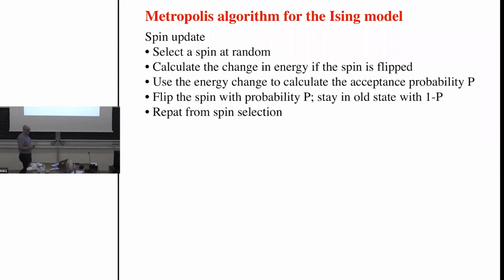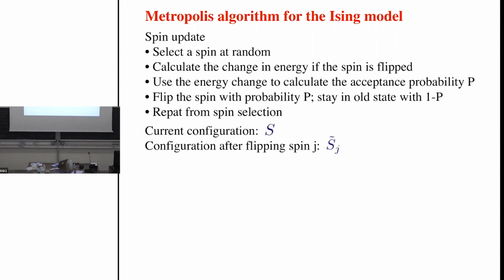In the computer you can generate a random number between 0 and 1. If the random number is less than the probability p, then you've actually flipped the spin. If the random number is larger than p, then you stay in the old configuration and just generate another spin, and you repeat that many times, millions or billions of times.